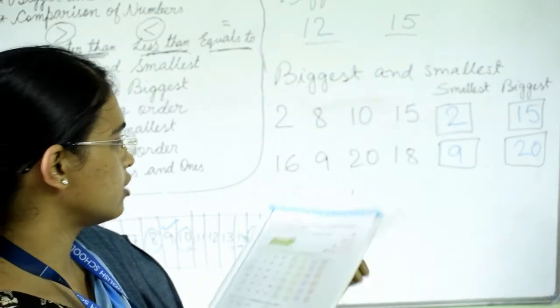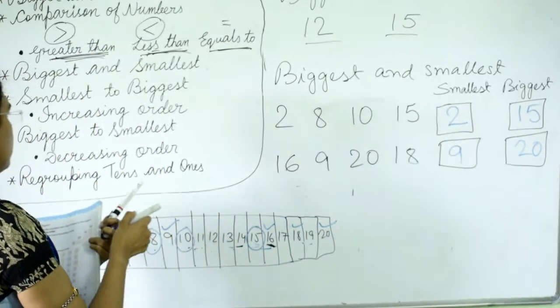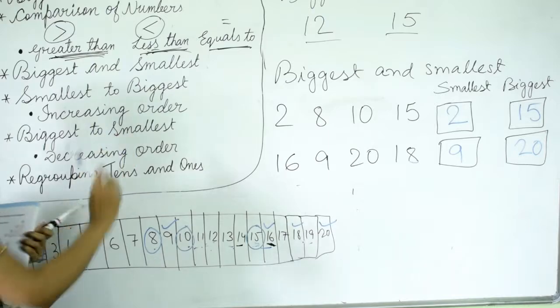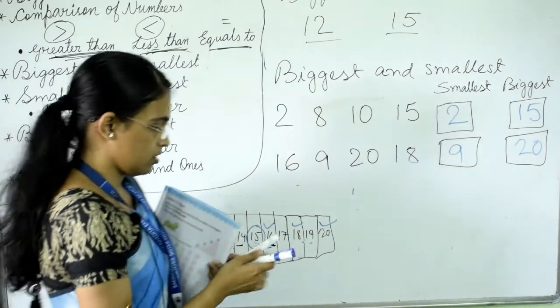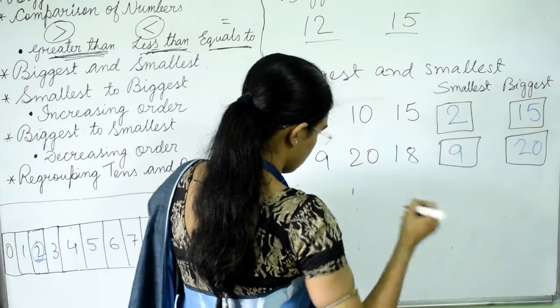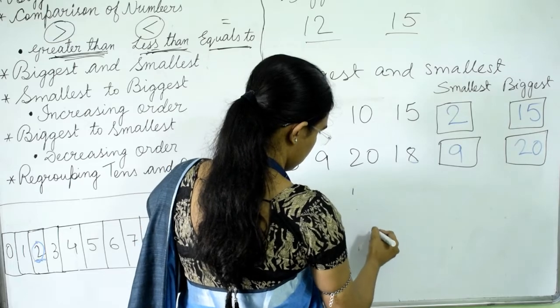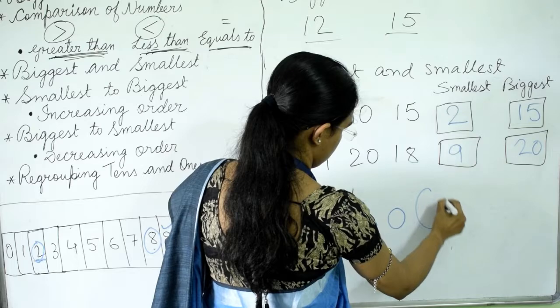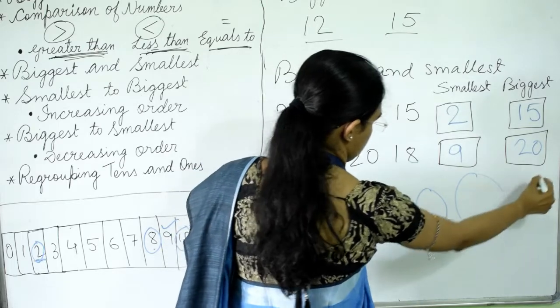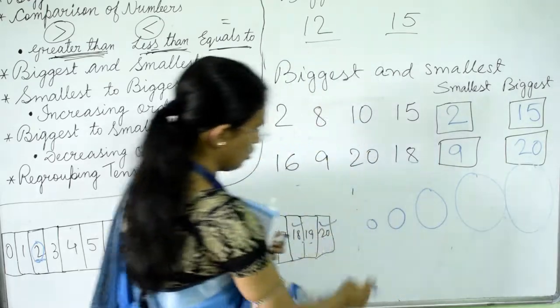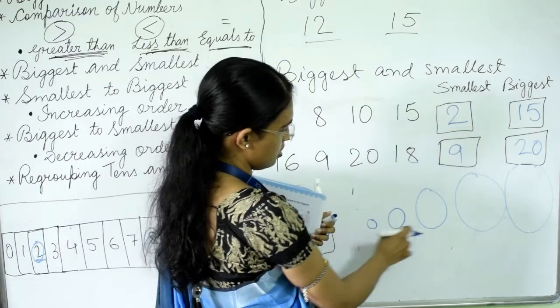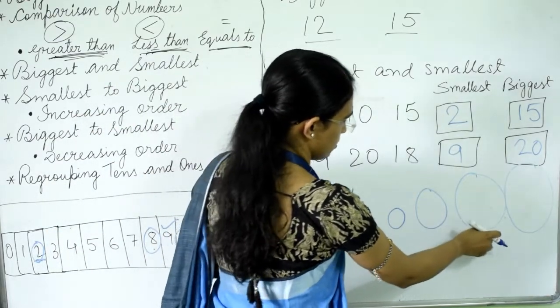Now come to the next page. We will do this one, smallest to biggest. That means increasing order, like this. Look, this is small, then this is a little bigger, then this, then it is even bigger.